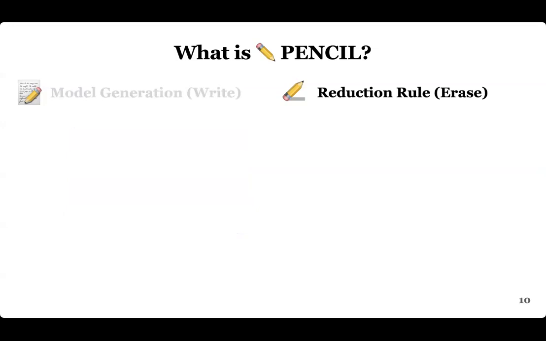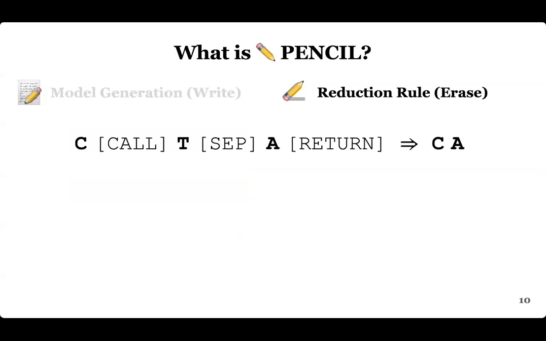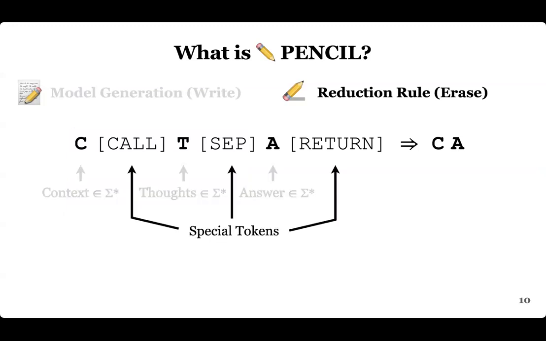So how do we do this? We use a simple reduction rule. Here, C refers to the context, T refers to the intermediate computational steps, and A refers to the answer. We also introduce three special tokens, which are called call, sep, and return.